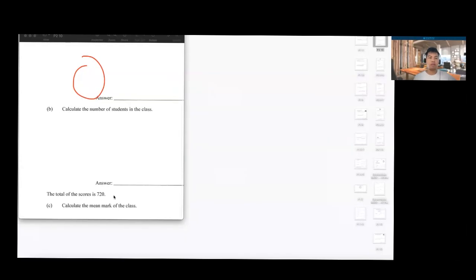Okay, we're now on letter C. Calculate the mean mark. Do you know what the mean mark is? Okay, the mean is the average. Mean is the same thing as the average, where you add the scores and you divide it by the number of students. So it says the total score is 720, so we don't have to add them because we already have that.